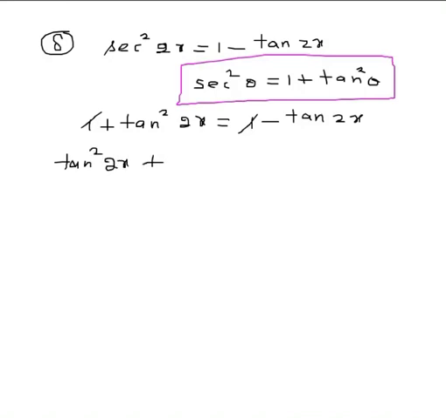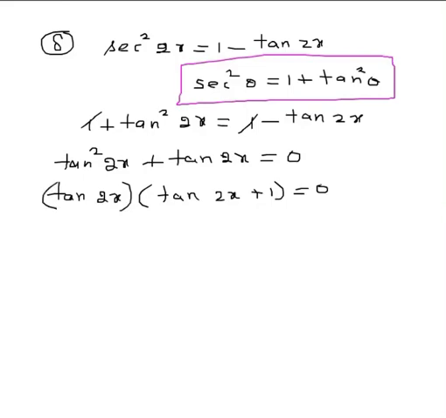Bring that tan 2x to this side, so it becomes plus tan 2x. I told you to factorize by taking the common factors out. We get product of two terms is equal to 0. We have factorized. Either the first term should be 0 or the second term must be 0.